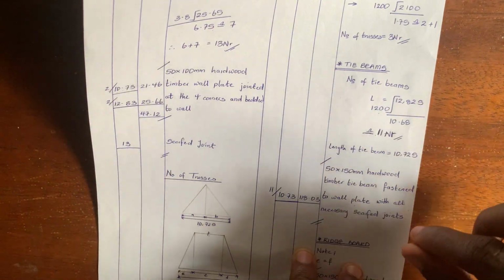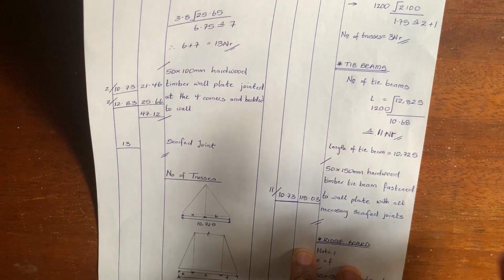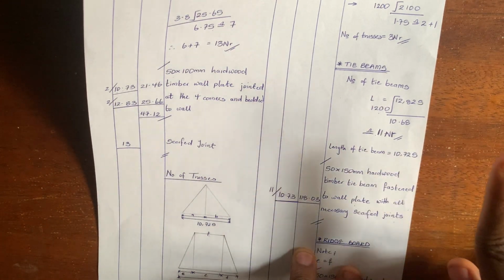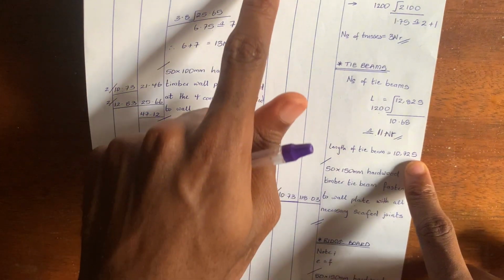Let me repeat myself again. The standard length of the timber we are using is 3.8 meters, and the length of one tie beam is 10,725, which is more than the standard length.